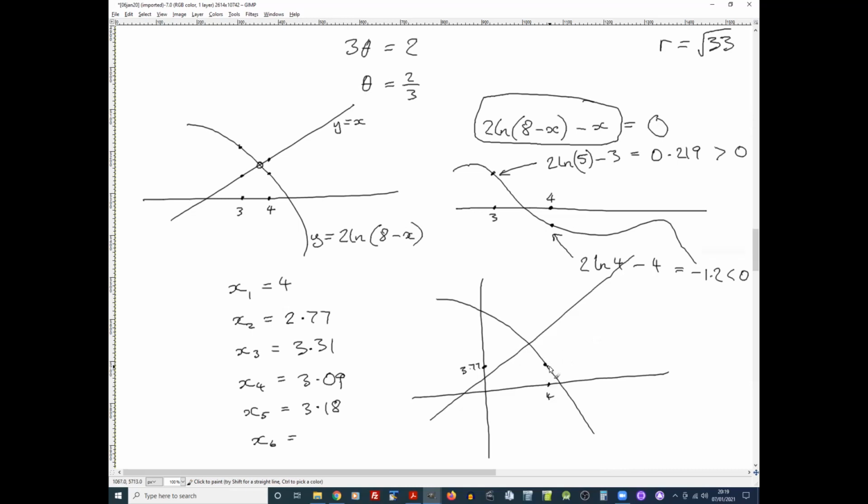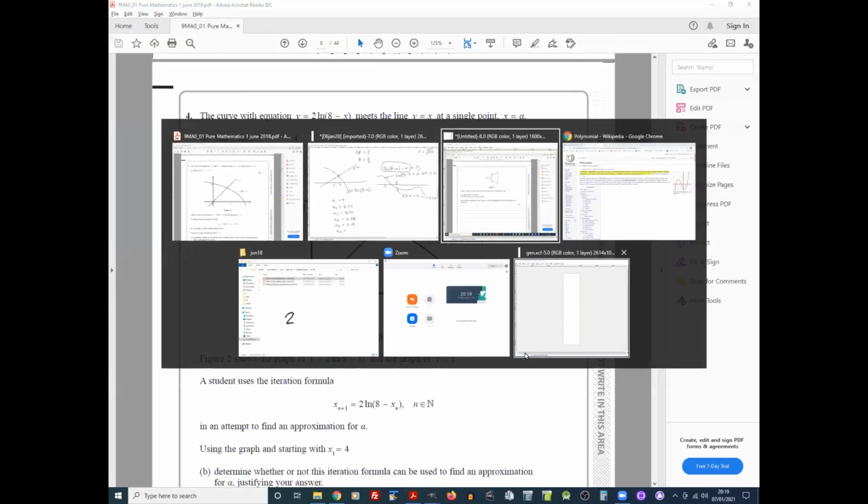First x value is 4. Supposing I'd started a bit clearer there and gone to there, to there, to there. No, it must be that I need, if I use theirs, it will work with theirs, won't it?